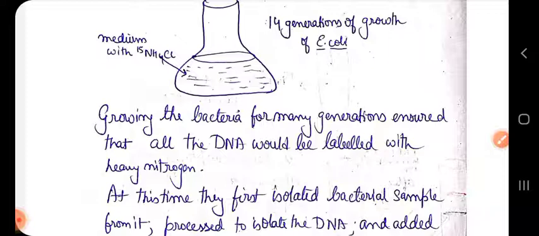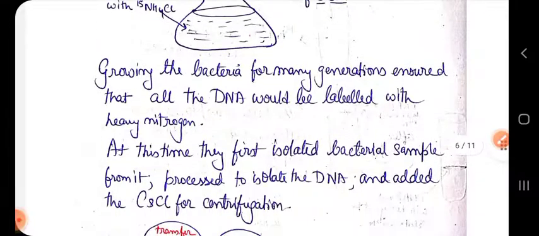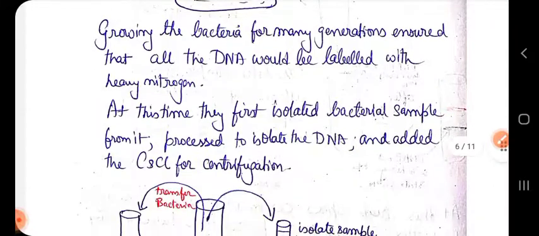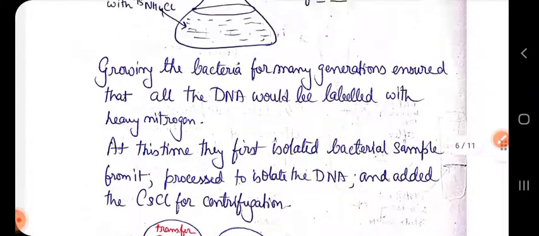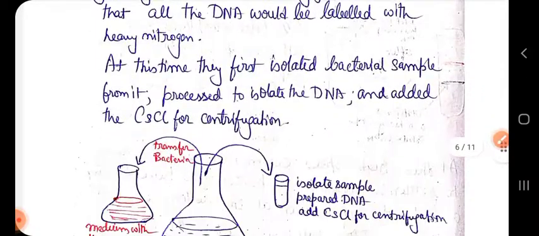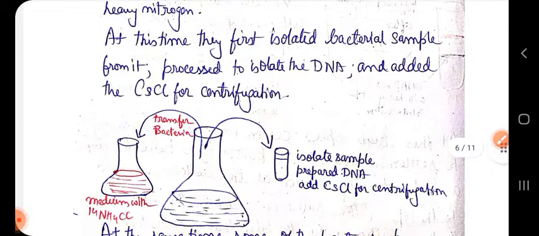So all the DNA now, for sure, is labeled with heavy isotopes of nitrogen, because they take the heavy nitrogen as their source for making their DNA, for making their nitrogenous bases. Now, after growing for 14 generations, they first isolate the bacterial sample, process it to isolate the DNA, and add cesium chloride for centrifugation.